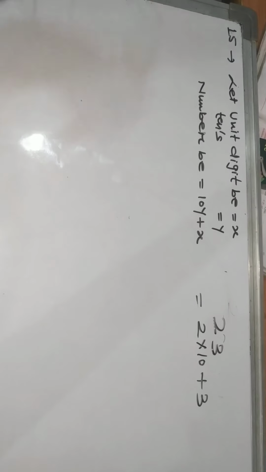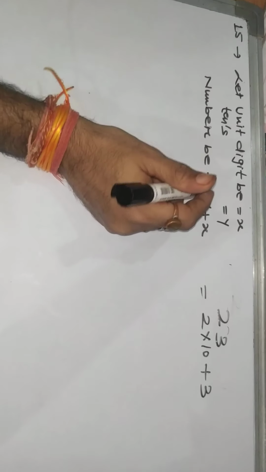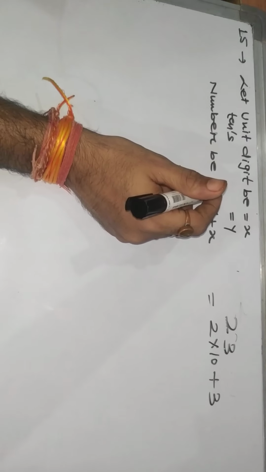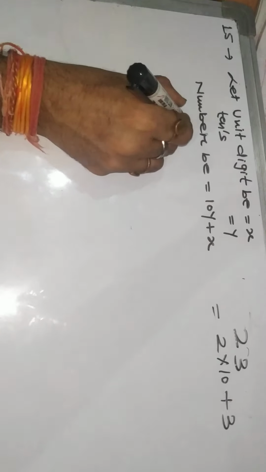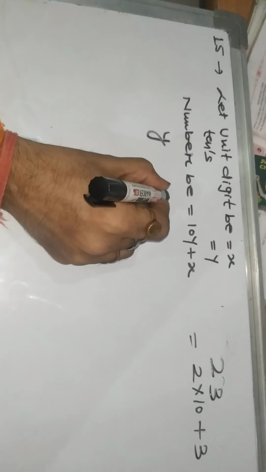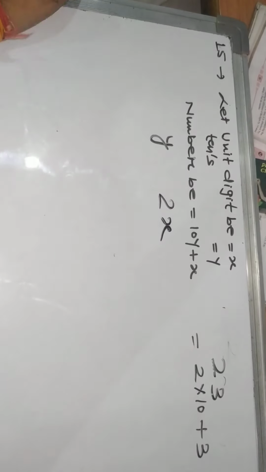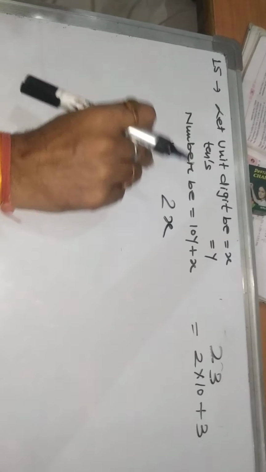Now the given statement is that the 10th digit exceeds, meaning the 10 digit is bigger, so the 10th digit y exceeds twice the unit digit. Twice the unit digit means 2x. Which is greater? y is greater than 2x. By how much greater?